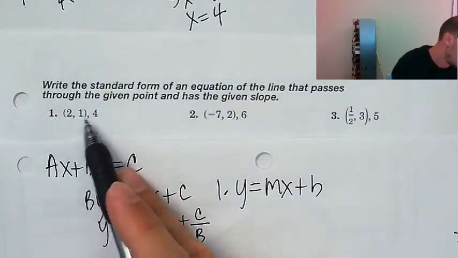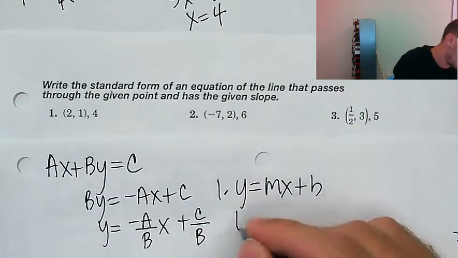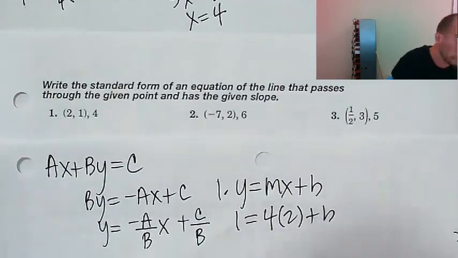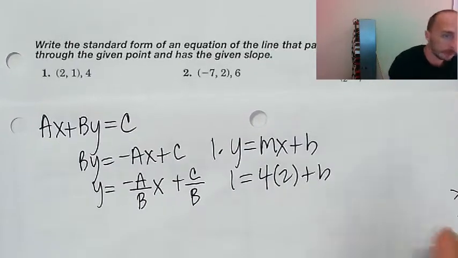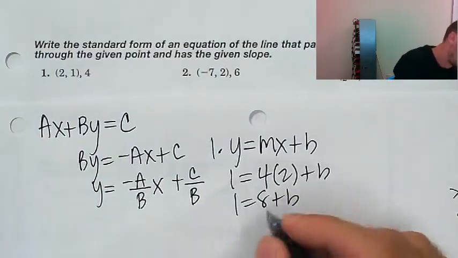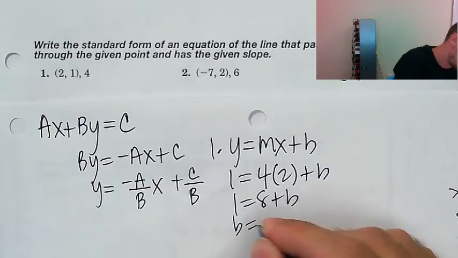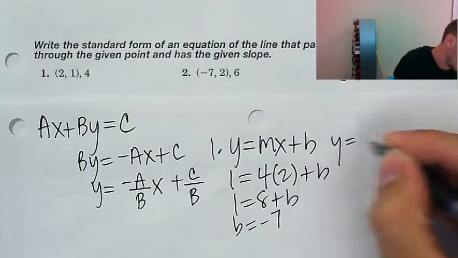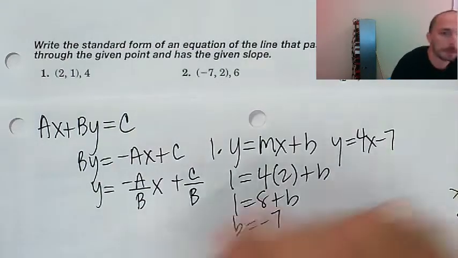I know that y equals 1 when m is equal to 4 and x is equal to 2 plus b. So I can solve for b. I can say 1 equals 8 plus b, and so I would subtract 8 from both sides to say that b equals -7. And then I've got y equals 4x minus 7.